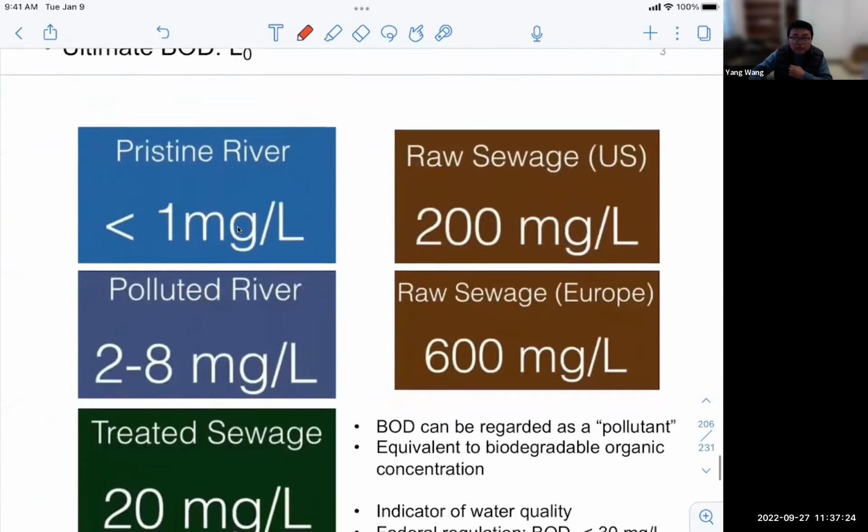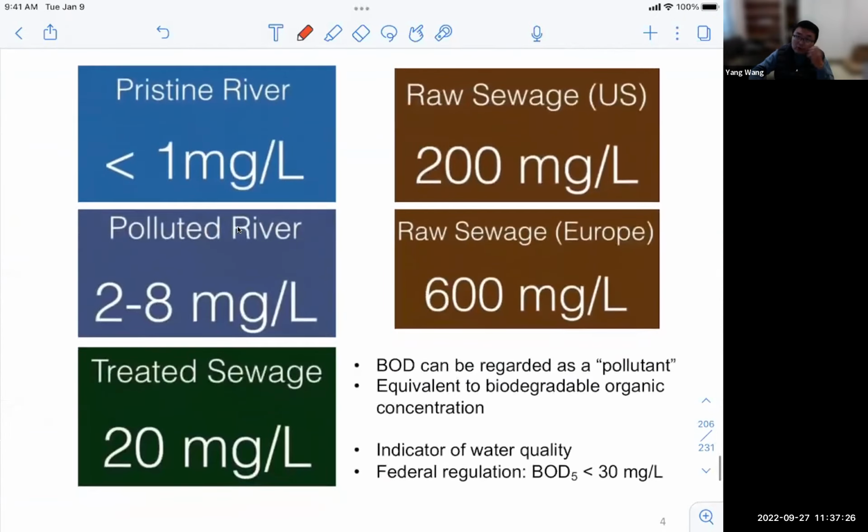Just to give you a few examples of the BOD value. If we take a sample of pristine river, for example, go to the mountains and directly take a sample of the water from a creek, maybe the snow melt, then it's going to have a BOD of less than 1 milligram per liter, which is very small.